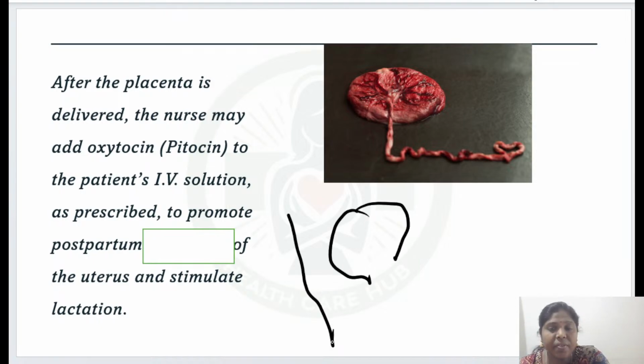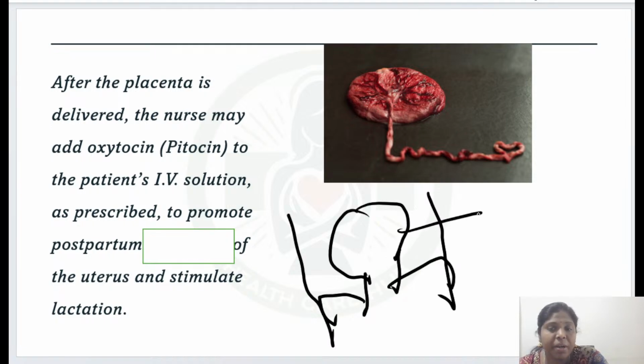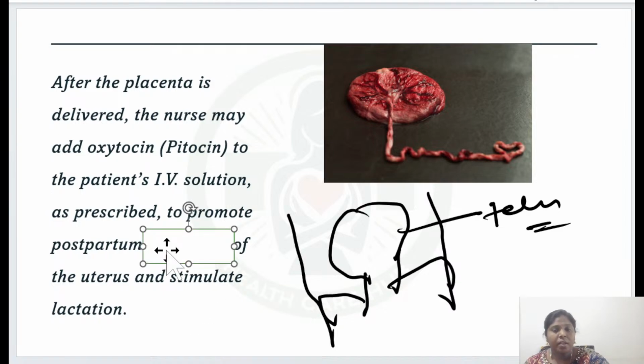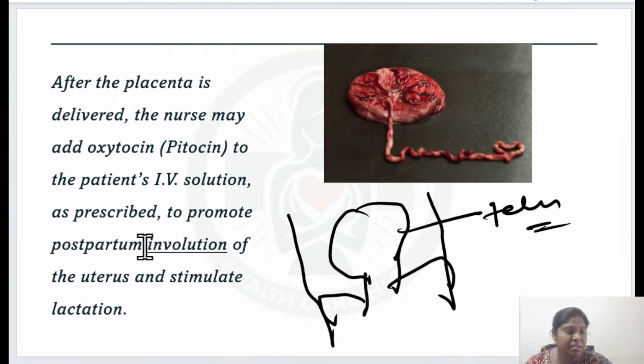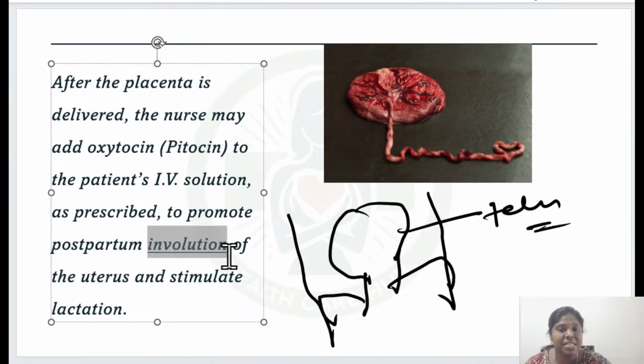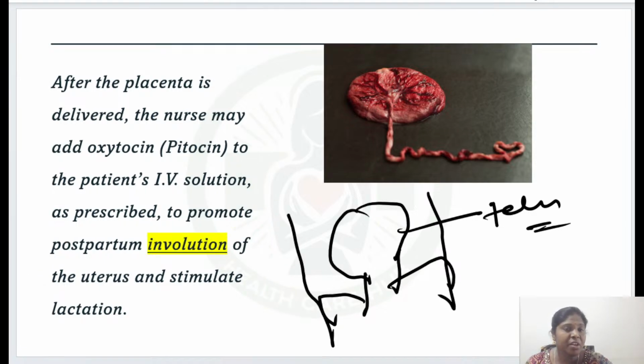It will go back into the pelvic organ position, reverting back into the pelvis. So, what is the term called? That is called involution, not contraction. It is called involution.